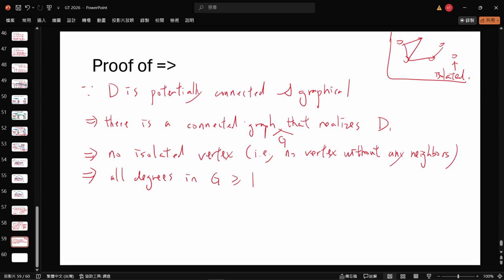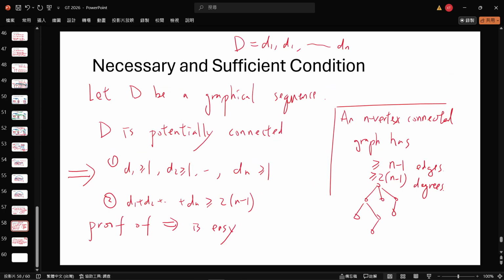And because G realizes D, the degree sequence of G matches the degree sequence D. So this step is due to G realizing D. Okay, so this is the first property.